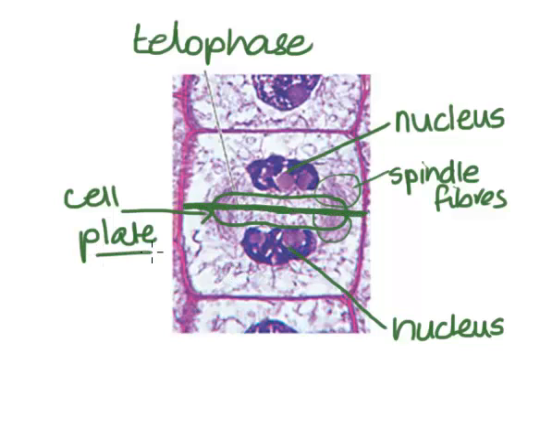And that cell plate, the cellulose, remember that cellulose is the substance that makes up the cell wall, that cellulose cell plate is a clear indication that you are looking at a plant cell undergoing mitosis.